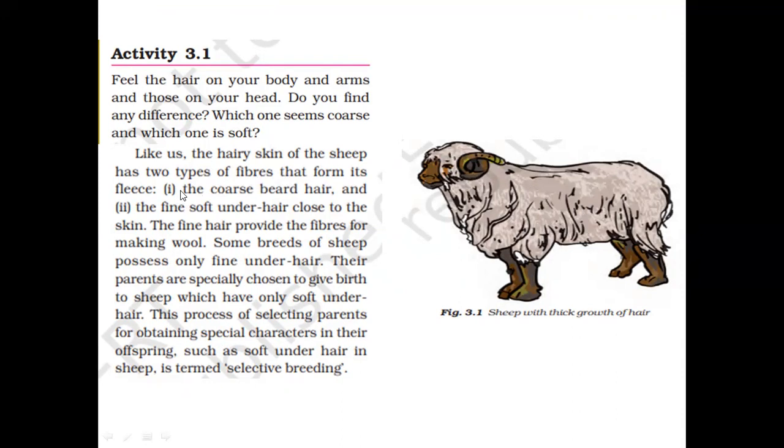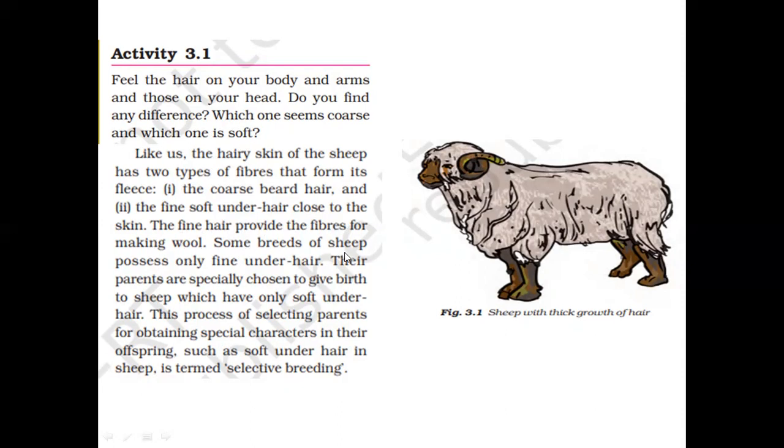So the first one is the coarse beard hair and the second is the fine soft under hair close to the skin. The fine hair provides the fibers for making wool.